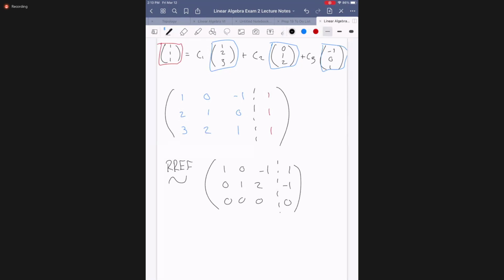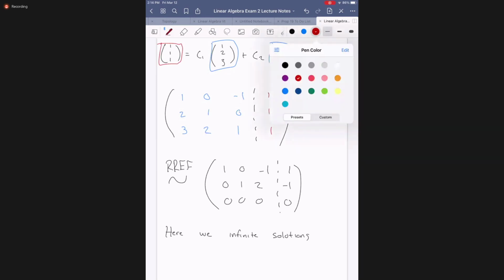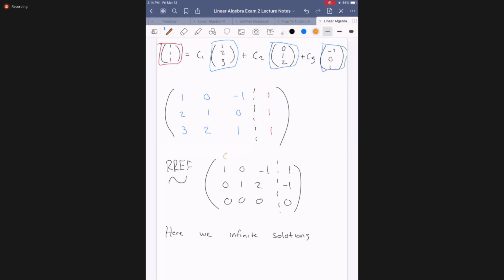So notice that there isn't just a unique constant C1, C2, C3 that makes this true. So here we have infinite solutions. And the solutions, again, each one of these represents C1, C2, C3, right?